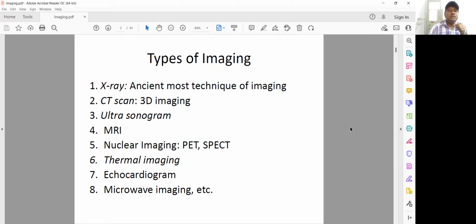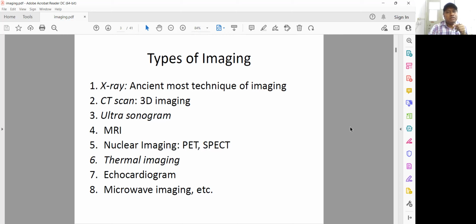Then the CT scan is the 3D imaging of X-ray, while X-ray is a 2D representation. Since X-ray is the oldest technique, there are obviously some problems in X-ray detection, and CT scan is the technique where we try to eliminate the problems we face in X-ray.